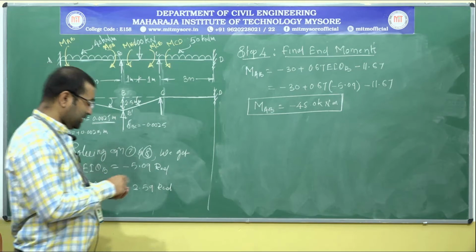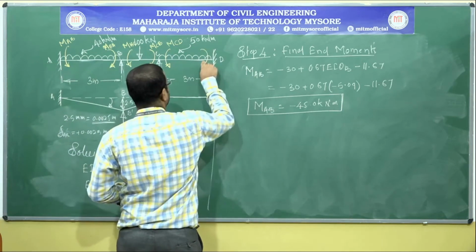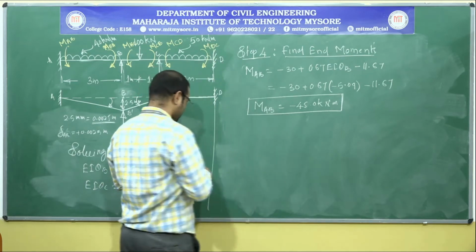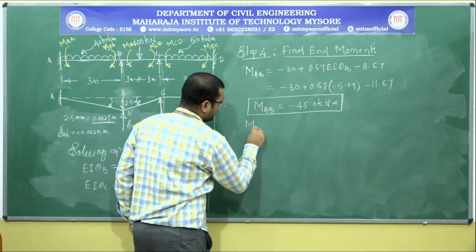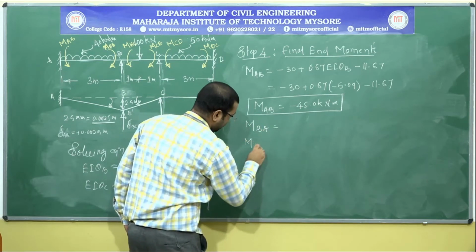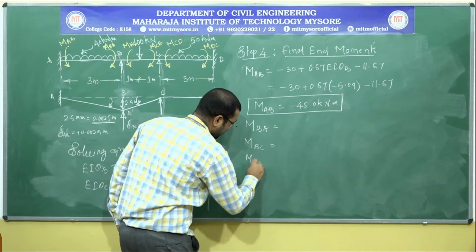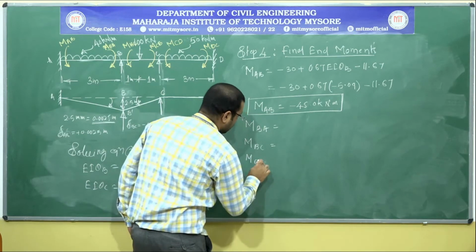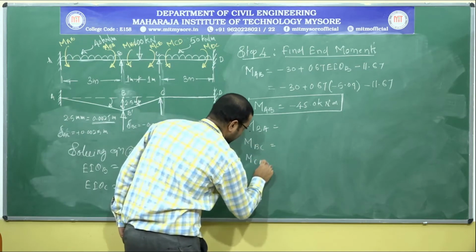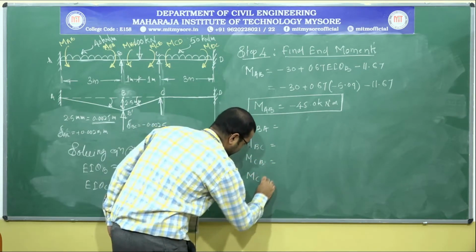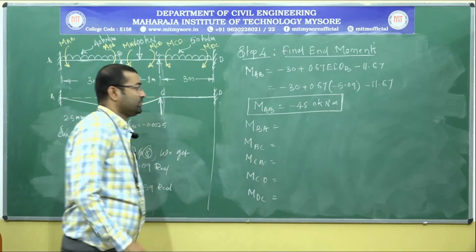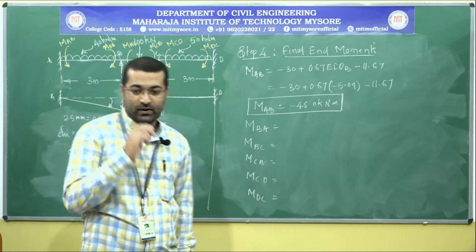So those yield MAB, MBA, MBC, MCB, MCD and MDC. We need to work out these final end moments.